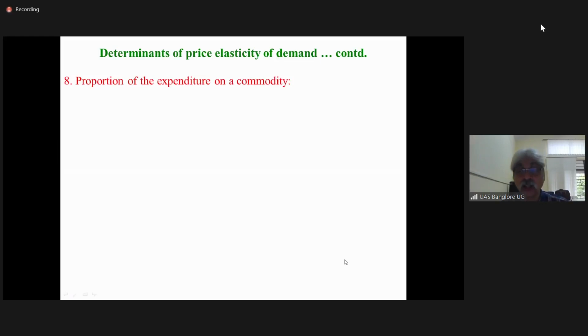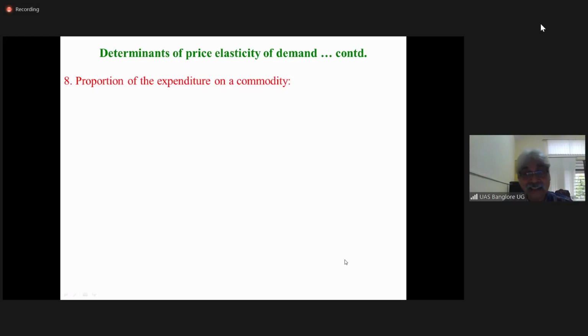So it is known what proportion of the total expenditure is spent on this particular commodity. My monthly expenditure is 50,000 rupees. Out of that, I pay 10,000 rupees for house rent. I'm staying in a small house and the monthly rent for the house is 10,000 rupees.